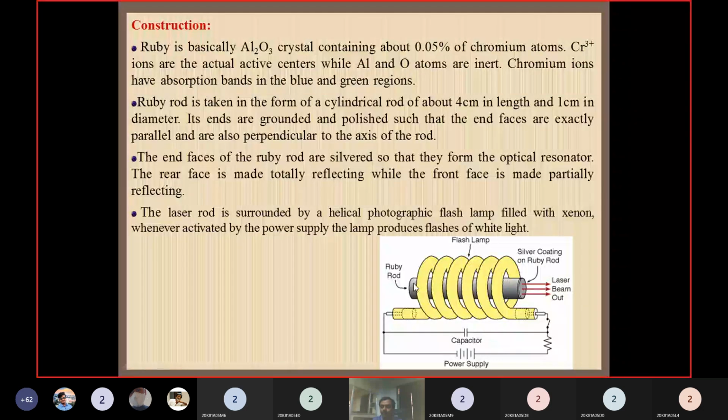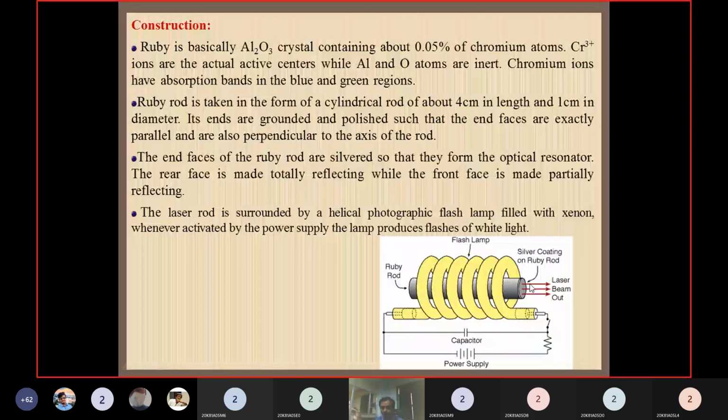Because of the partial silver coating, 95% is reflected back and only 5% is transmitted. Whenever the laser beam reaches sufficient intensity, it will be transmitted out.